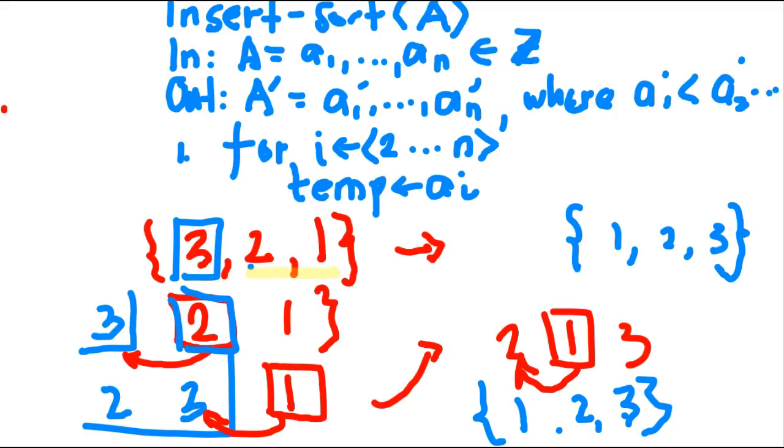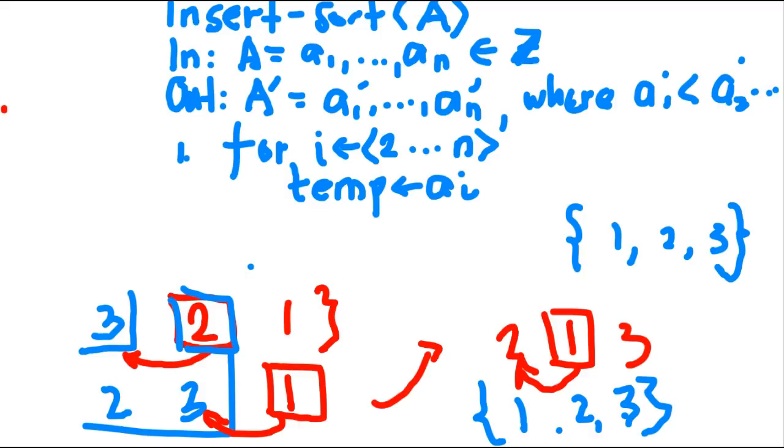After picking the temporary value, we will simply compare it with the previous. So say we have another index j. j will be the previous value from i, so i minus 1.